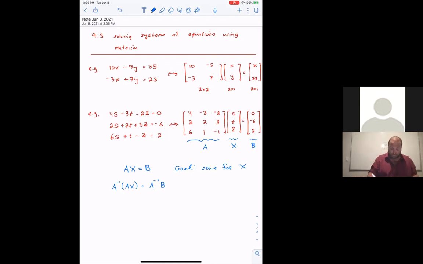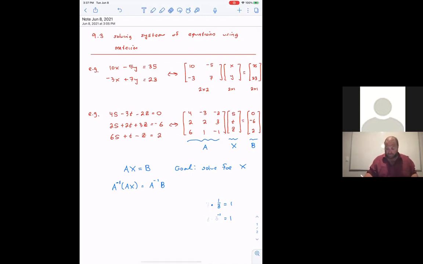The inverse of a matrix is that matrix which, when you multiply the original by its inverse, gives you the identity. This is similar to saying 3 times the inverse of 3 is equal to the multiplicative identity. 3 times 3 inverse is the multiplicative identity, the number that when you multiply it by anything gives you that same thing back, namely the value 1.